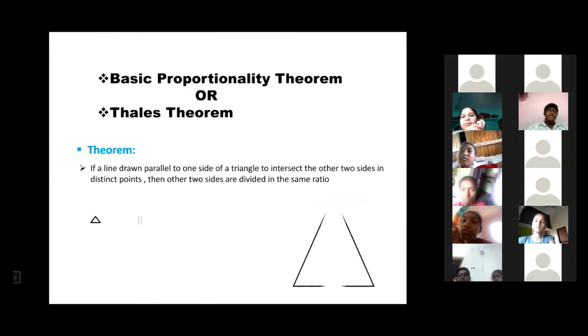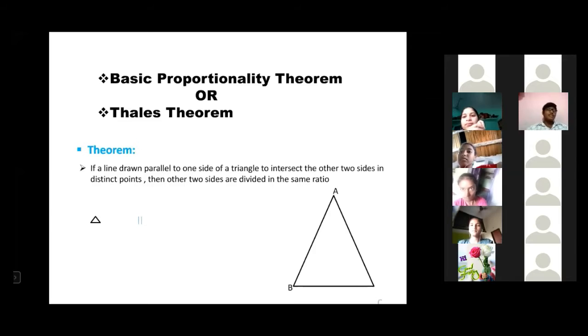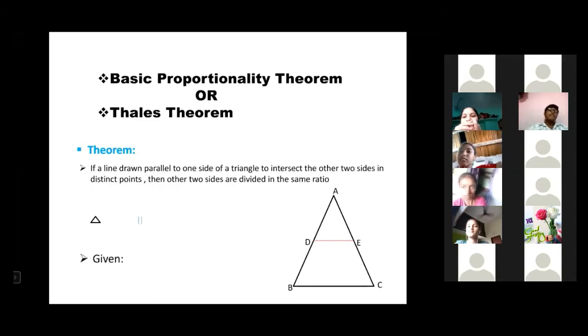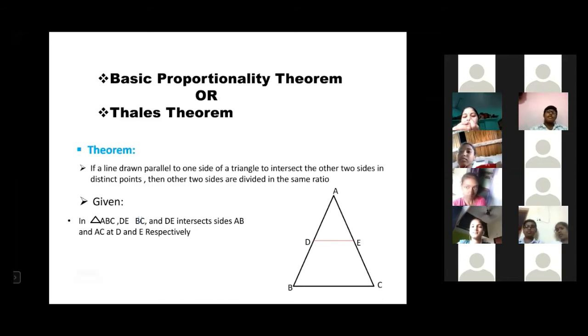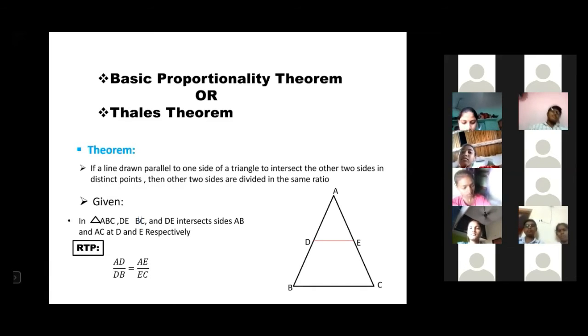This is the basic proportionality theorem. Read on, read yourself.